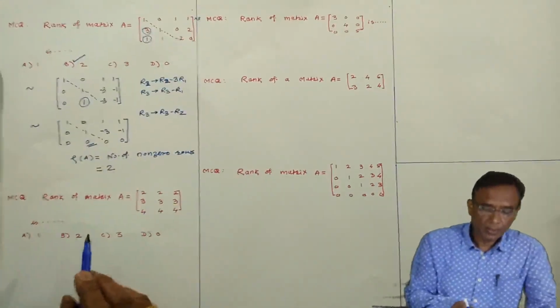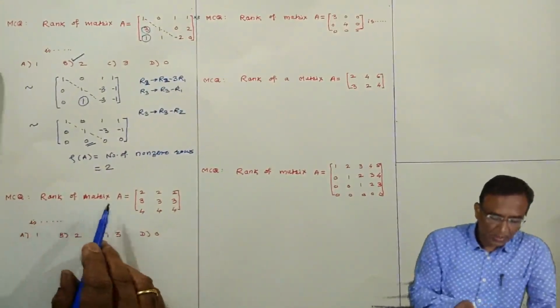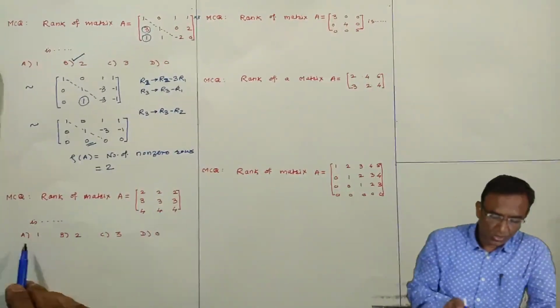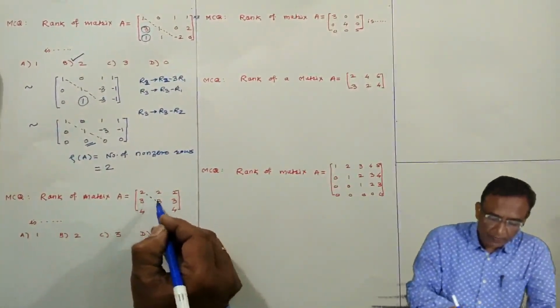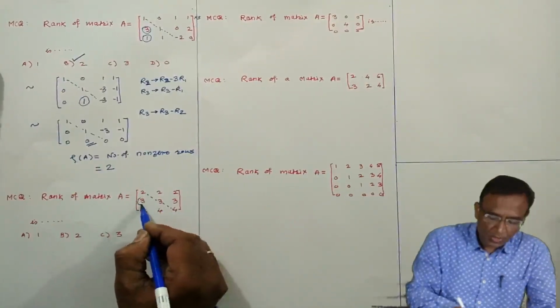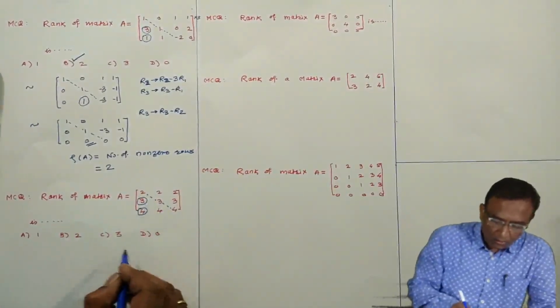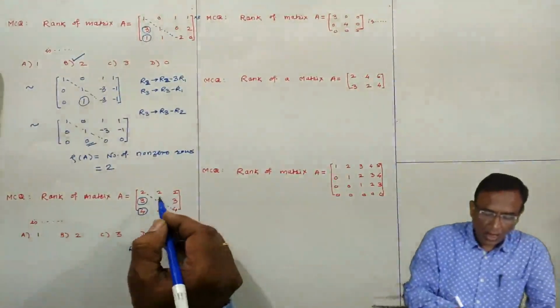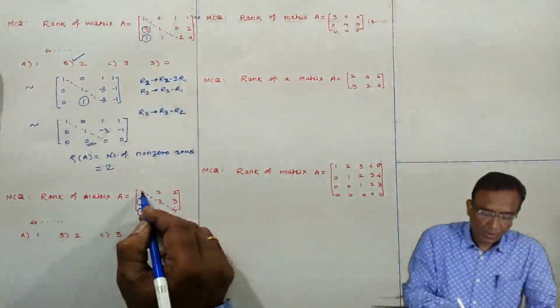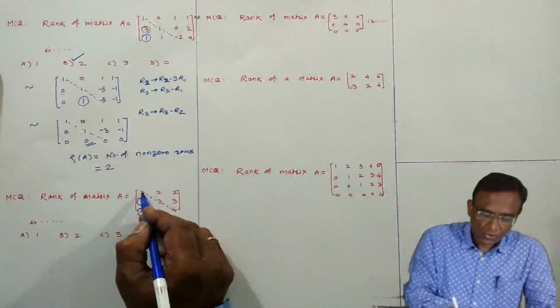The same problem again. Rank of this matrix is dash dash. Options are there. Now, draw the diagonal in this way. I want 0 at these two places. Now, the transformation I am using is R2 gives. I want 0 here with the help of 2. 2 is the leading element of the first row.